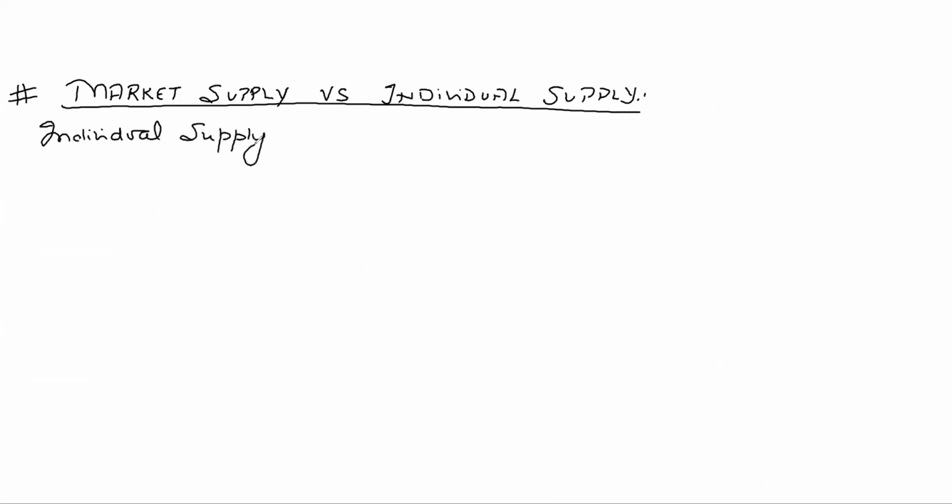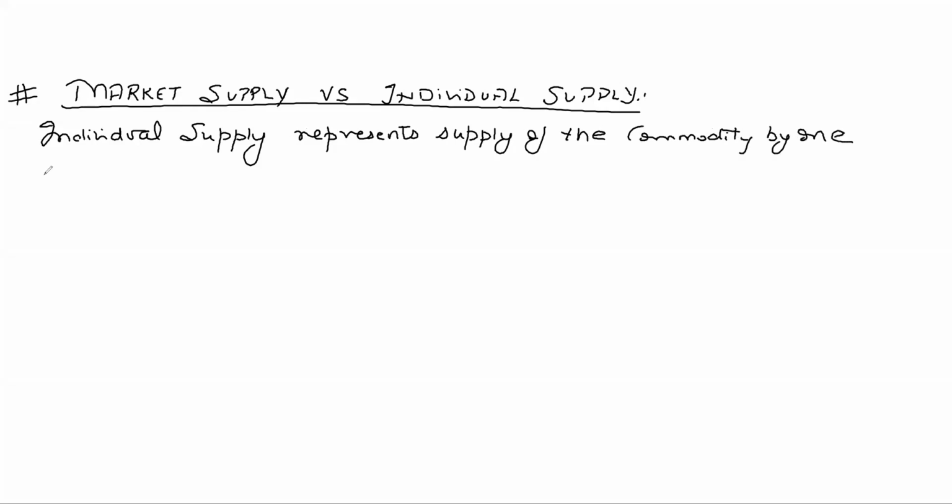Individual supply represents the supply of a commodity by one particular firm.